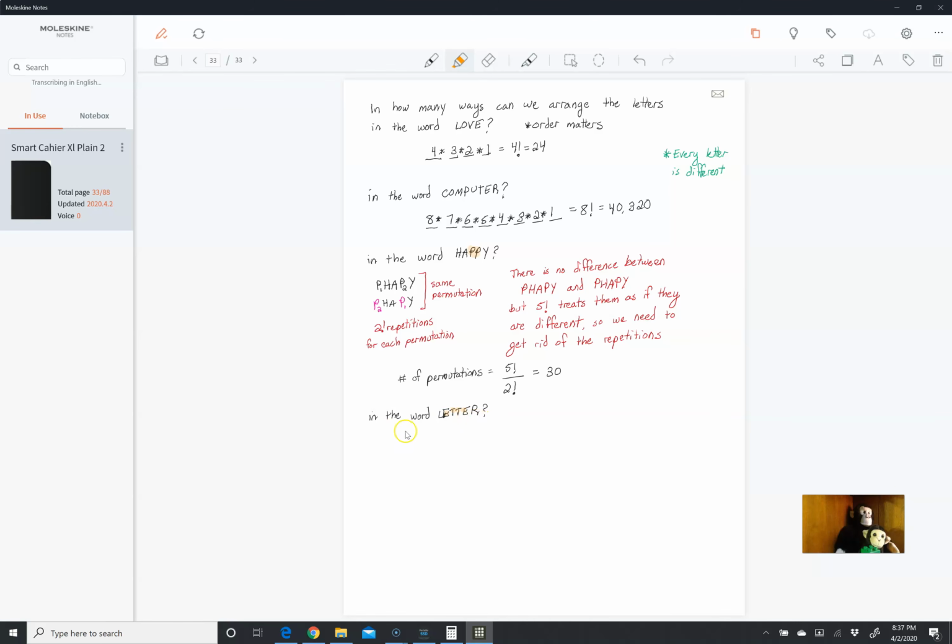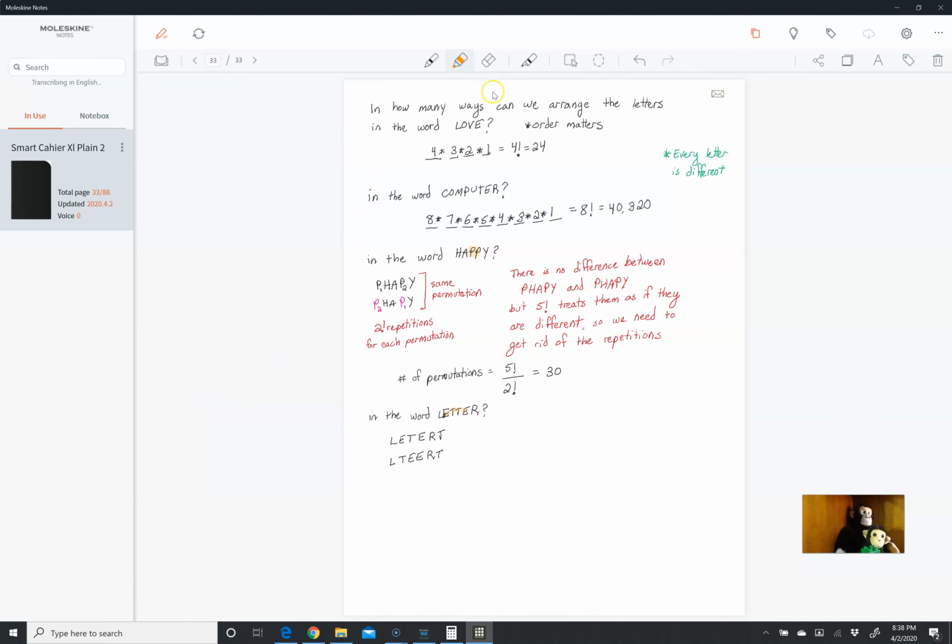In other words, L, E, T, E, R, T is different from L, T, E, E, R, T, right? These are different permutations.